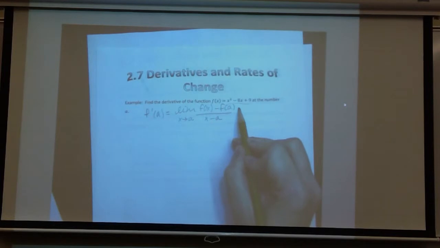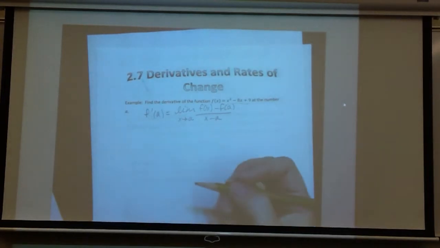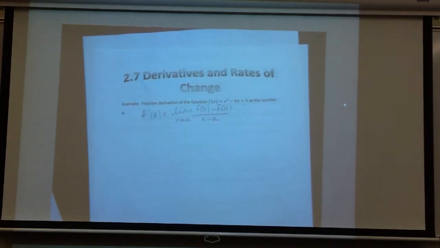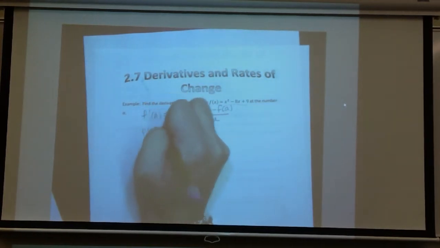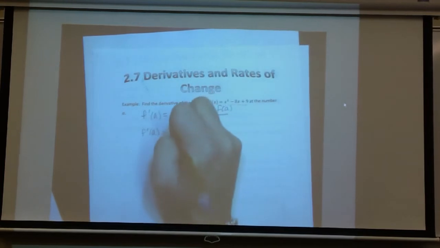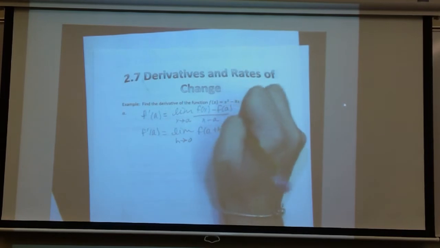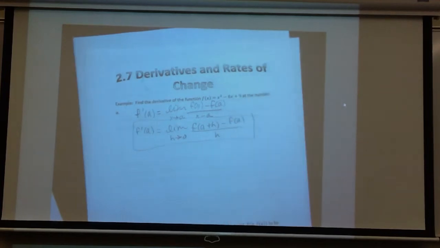So the difference in the y over the difference in the x, as the x's get closer and closer together. That's our definition. And then they use the definition that they gave us once before, which is this one. This is the one we're going to use. They mean the same thing.